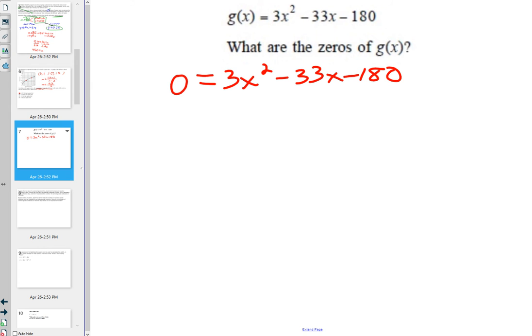I know Anne, my good friend over here, she's not afraid of factoring, and since she sees that all of these have a 3 in common, I would probably do factoring too, just because it's quicker. By getting that 3 out, now the a becomes 1. Can you think of two numbers that multiply to give you negative 60 and add up to negative 11?